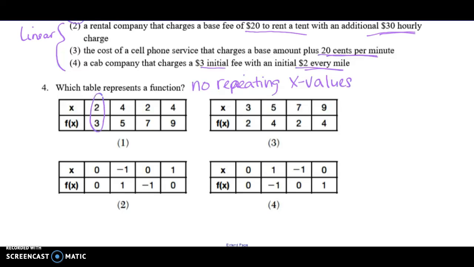So like here, the 2 is repeating, the 4 is repeating. That's not a function. The 0 x value is repeating, not a function. So the place where they're all unique and different, choice 3. That's a function.